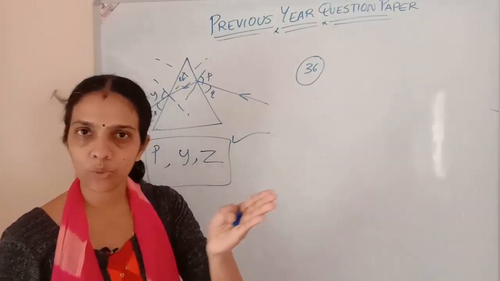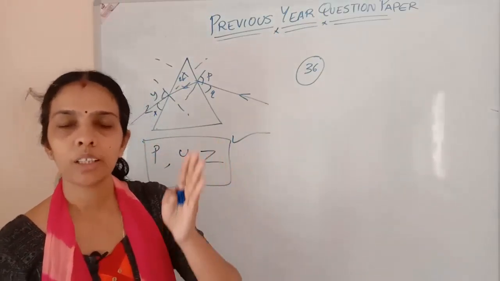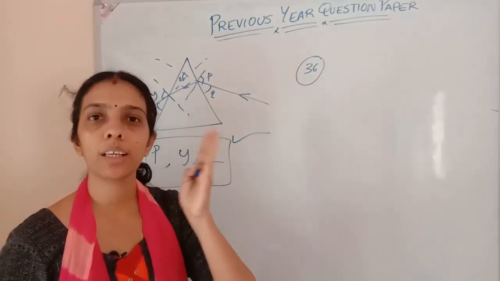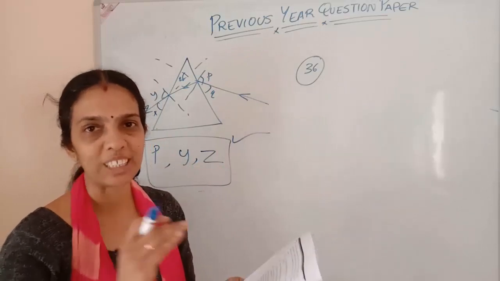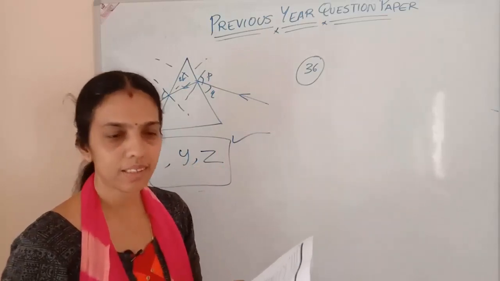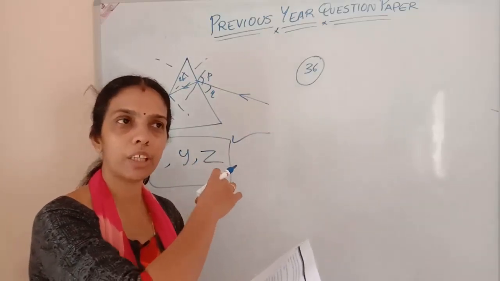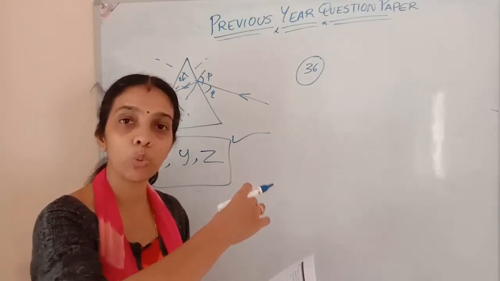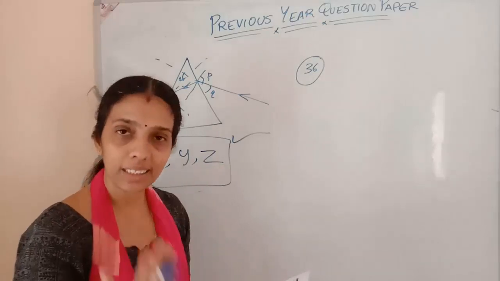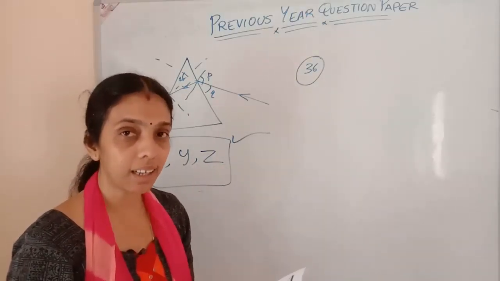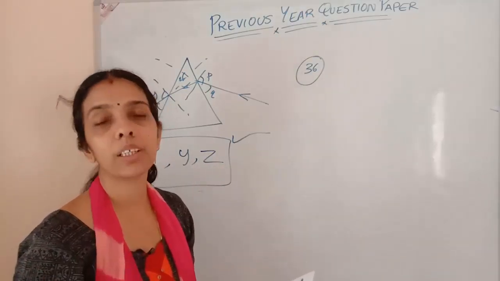So how the image will be? Image distance, you can think about the image distance or size of the image. So it will be increasing, isn't it? So if the object is moving towards the lens, till F, the image size will be increasing and we will be getting a real inverted image.